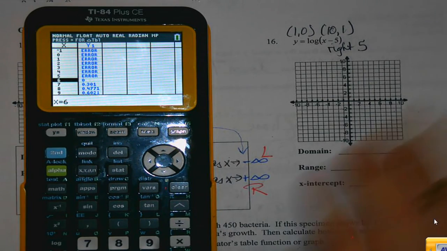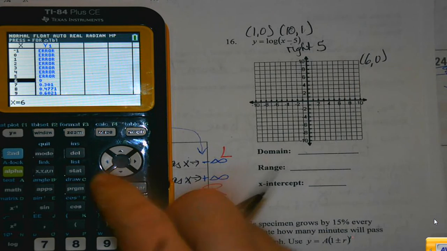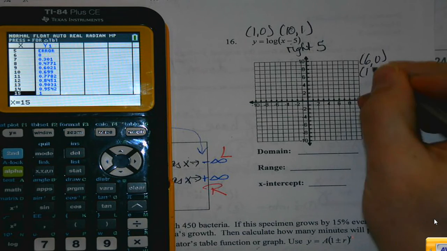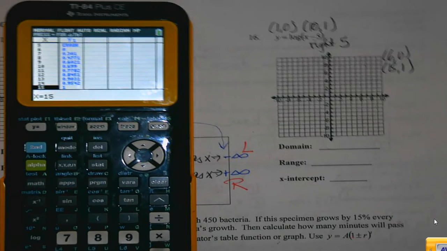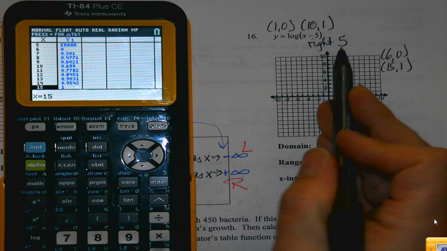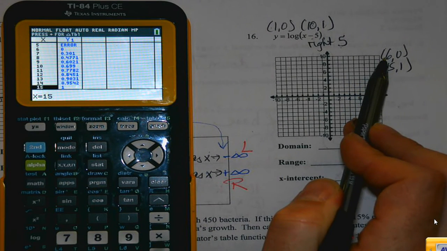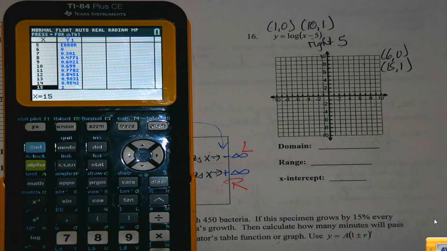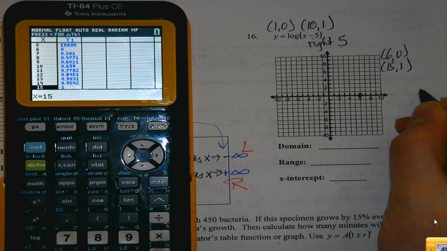I notice my 2 points when I'm doing my logarithm are at (6, 0) and (15, 1). That's going to be a hoot to try and graph. We'll get back to that problem in a minute. If I move right 5, that's an x value. 1 plus 5 is 6. 10 plus 5 is 15. You can do it without the calculator, but again, you don't have to. Ooh, 15. Okay, we're way out here somewhere.